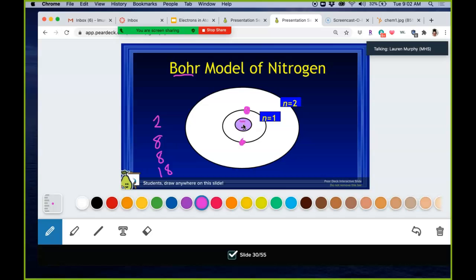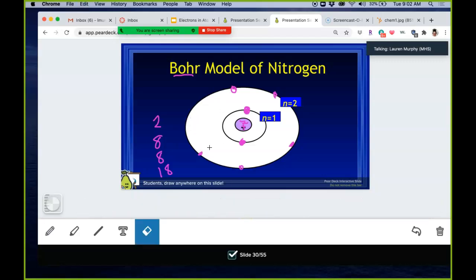There would be 7 positive charges in the nucleus, because there are 7 protons. So 1, 2 electrons, and then 3, 4, 5, 6, 7. Oops, undo the last one. There's only 7, sorry. So there are 5 electrons in the outermost region.